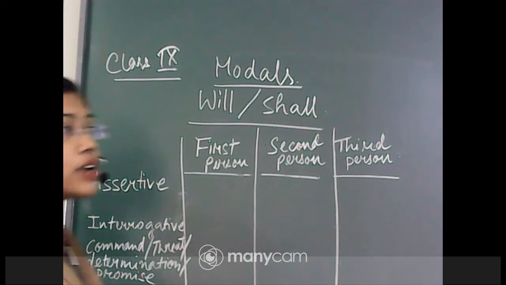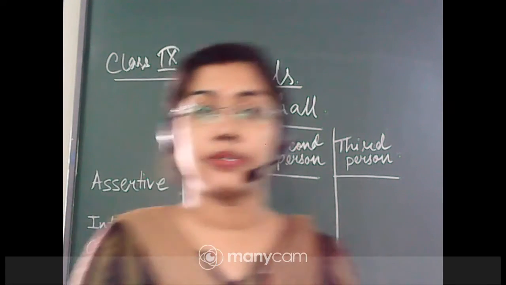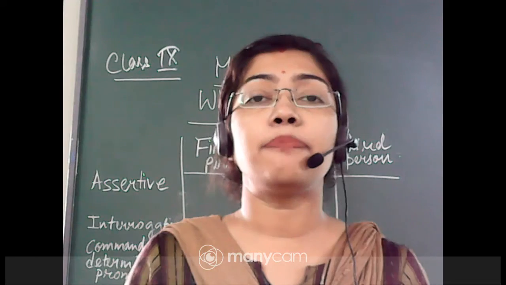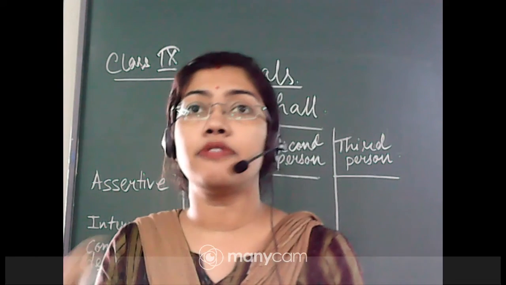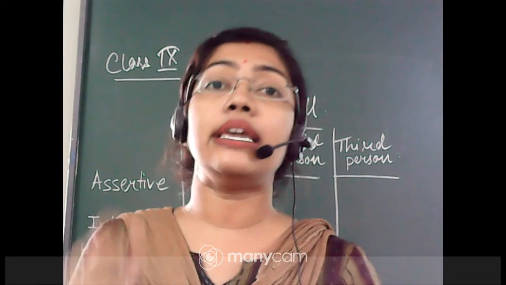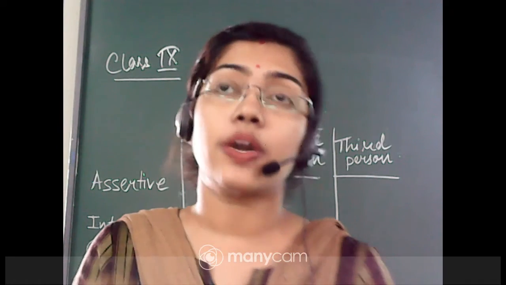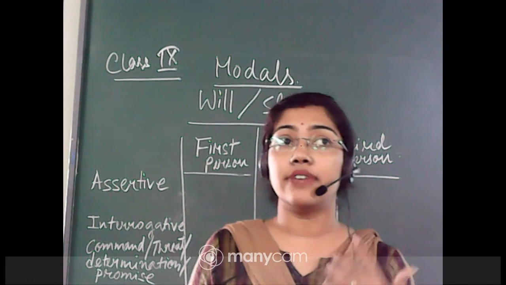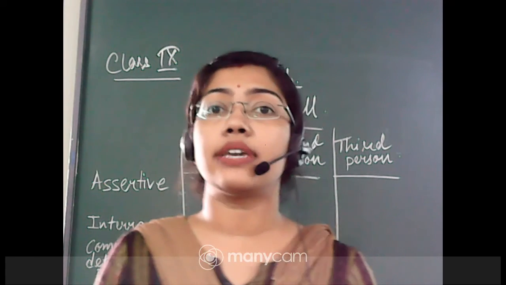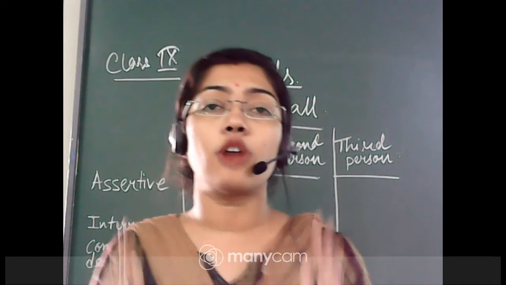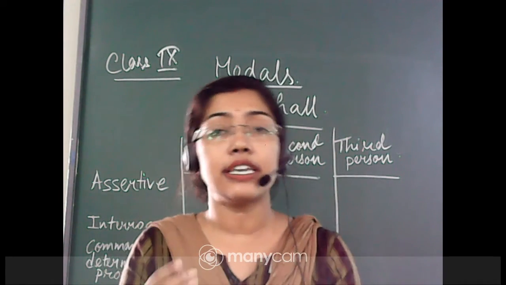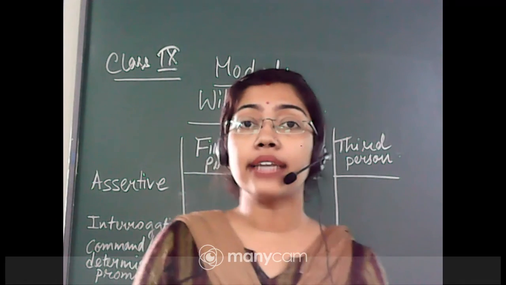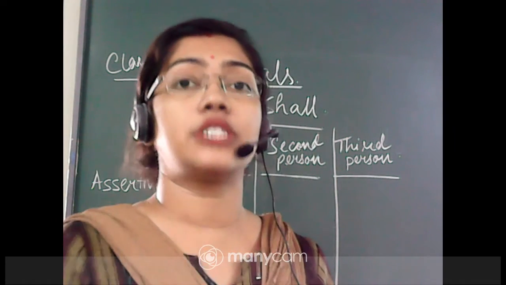When we are talking in an assertive sentence using the simple future tense without any intention expressed. I'm not talking about any kind of determination, I'm not giving any kind of threat, I'm not giving any kind of promise, I'm just normally stating a sentence in future tense. At that time we will follow the traditional method.